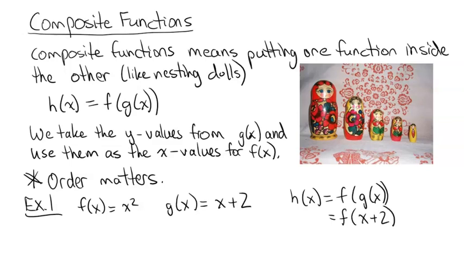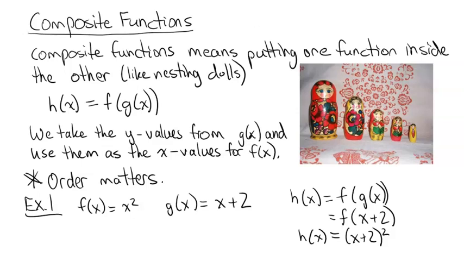So I'm taking that x plus 2 and replacing the x with x plus 2. So this could be written as x plus 2 all squared. So what I've done is that x plus 2 is nested inside the x squared function. And so that is the first function if it's f of g of x.